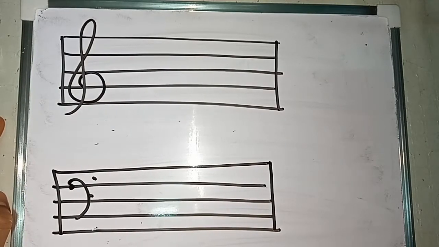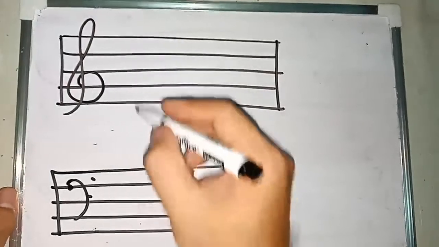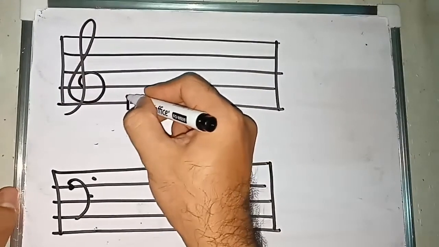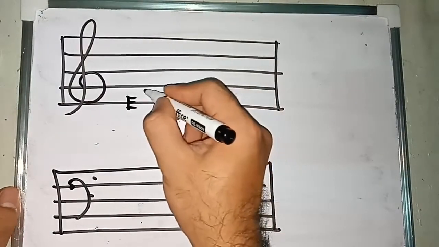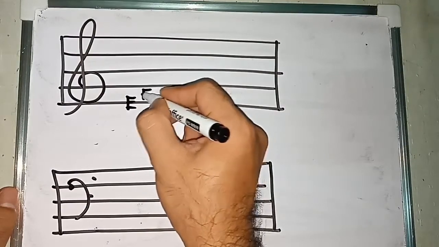For the G clef, it has a different arrangement of its notes. For the first line, we have an E in the alphabet, followed by F, and so on.